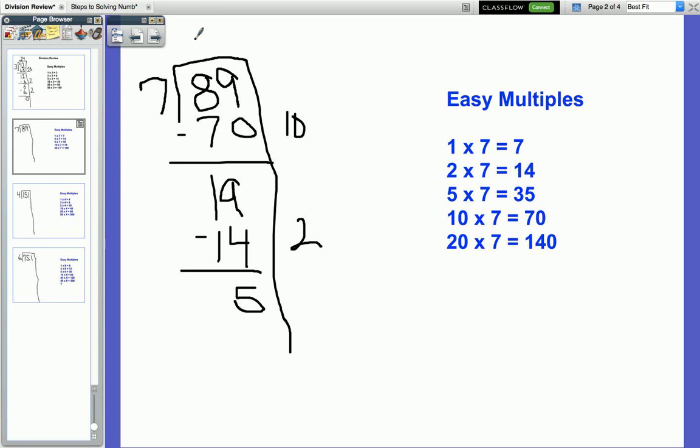So my answer is 12 with a remainder of 5. Or if you want to write it as a fraction, it would be 12 and the remainder of 5 over the group size of 7. So 12 and 5 sevenths.